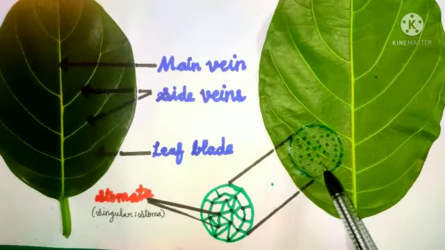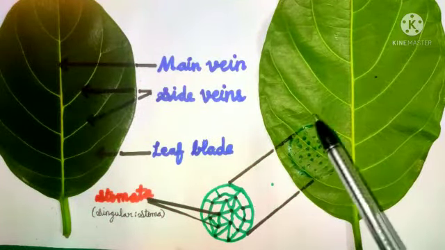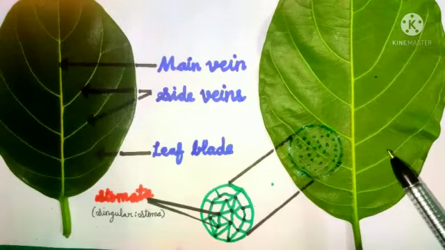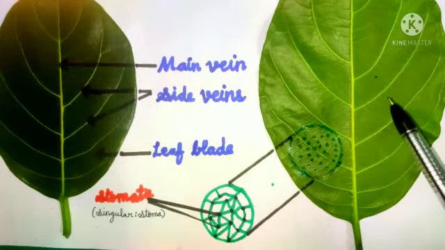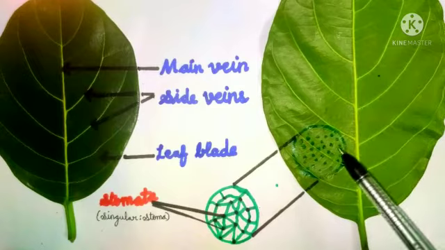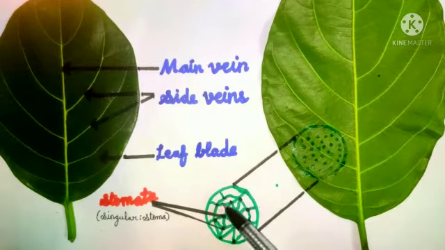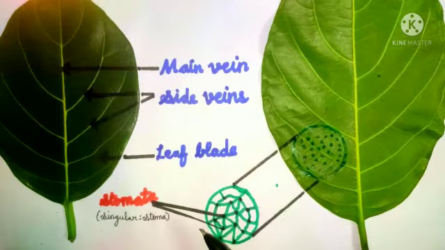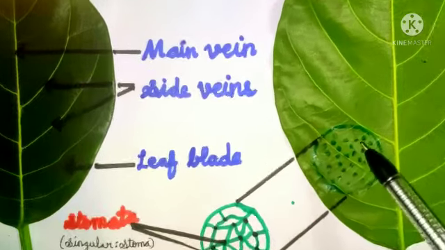Next is stomata. The underside of a leaf, or you can say the lower side of a leaf, contains millions of tiny openings and these tiny openings are called stomata. So these stomata cannot be seen with the naked eye.